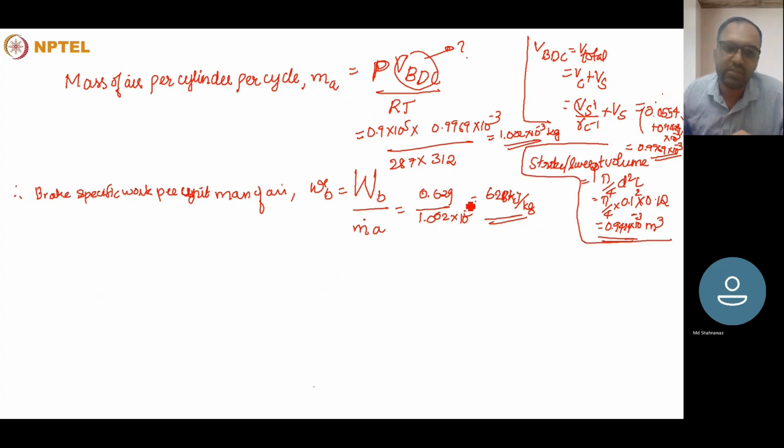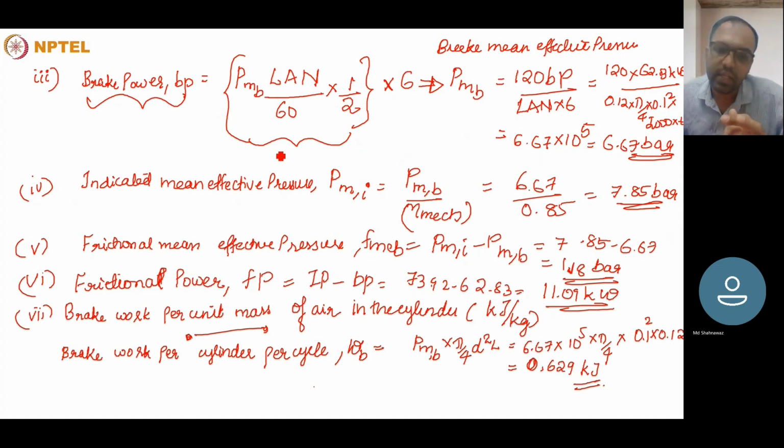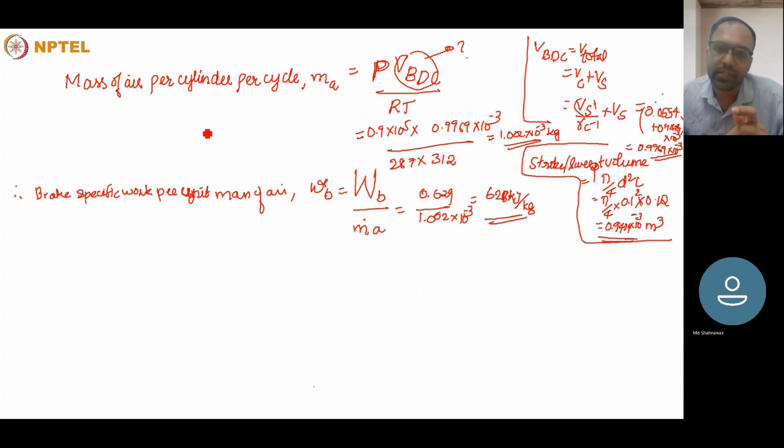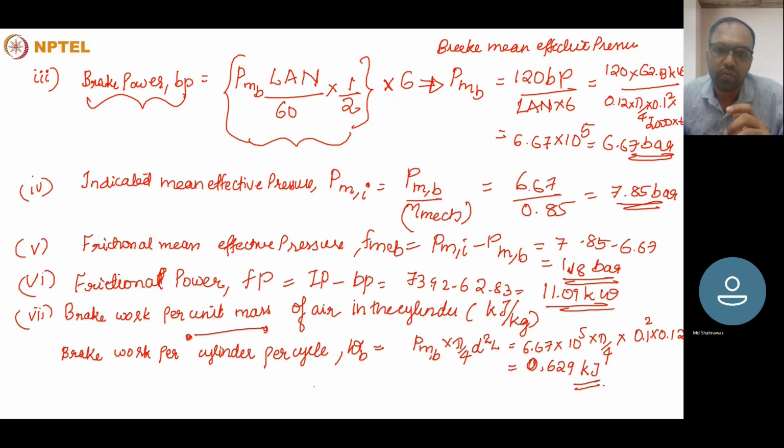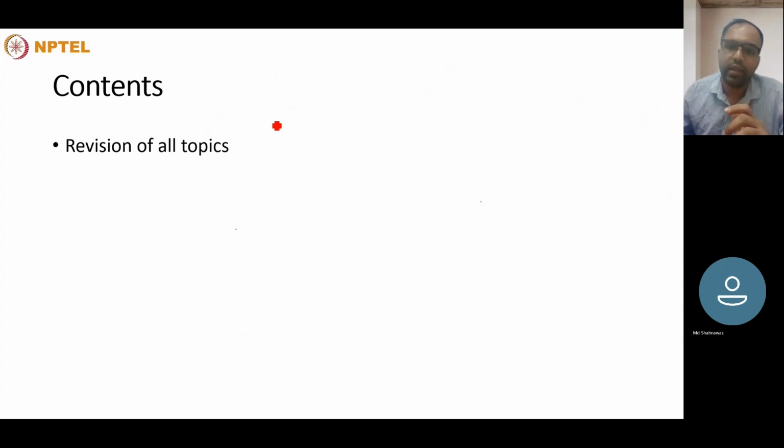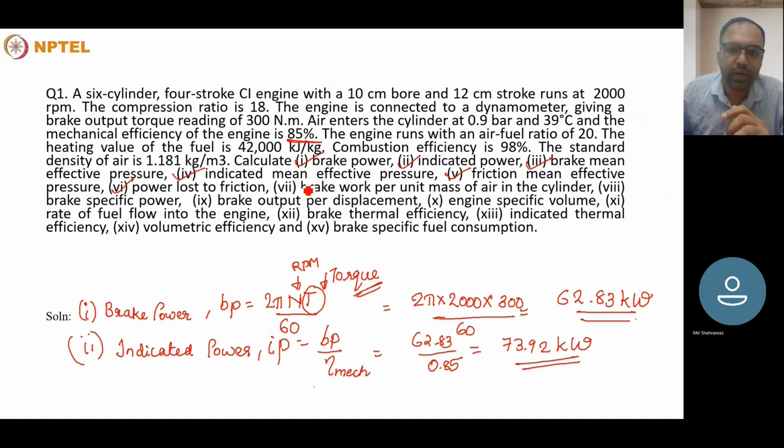So the brake specific work per unit mass of air is the ratio of the brake work per cylinder per cycle divided by the mass of air per cylinder per cycle. So we have calculated the brake work per unit mass of air in the cylinder.